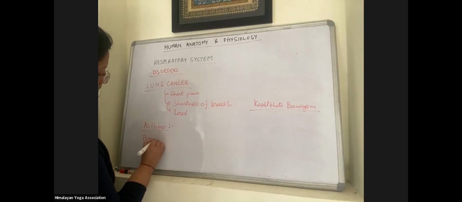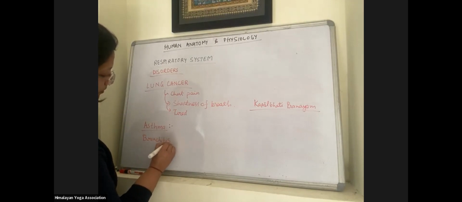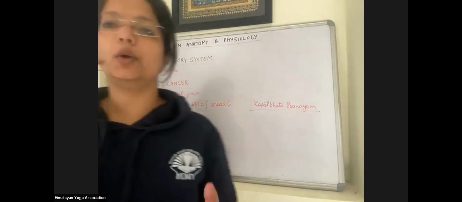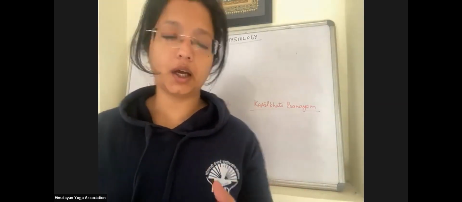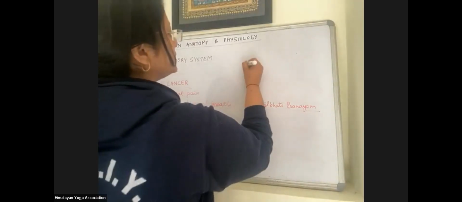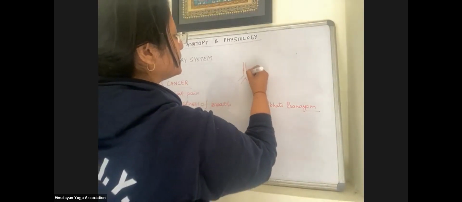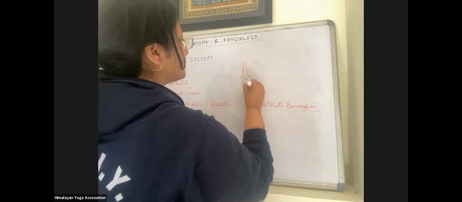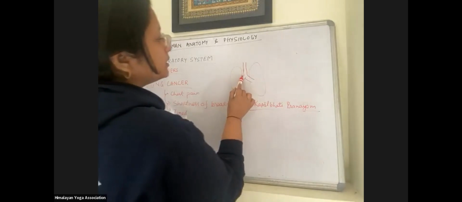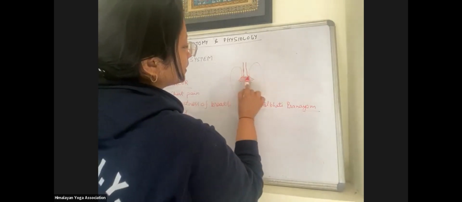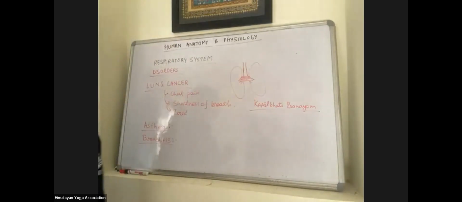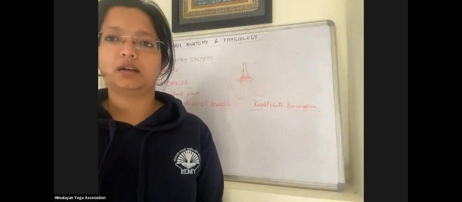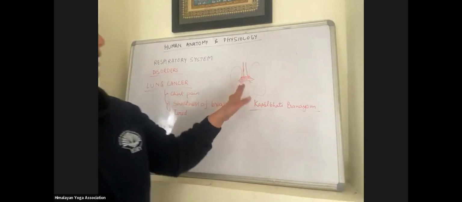Then we have bronchitis. In bronchitis, what happens? The bronchi I talked about. See, this is the trachea. In bronchitis, these bronchi get inflamed, due to which there is a wheezing sound.